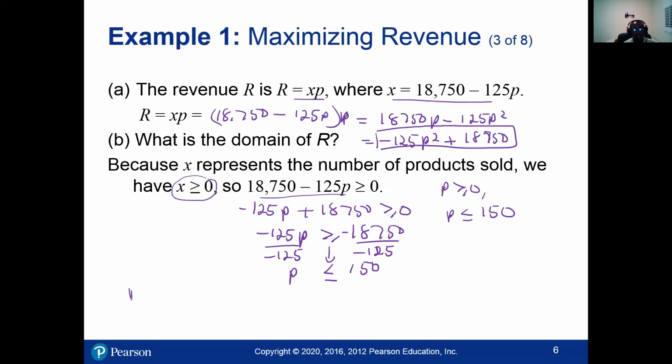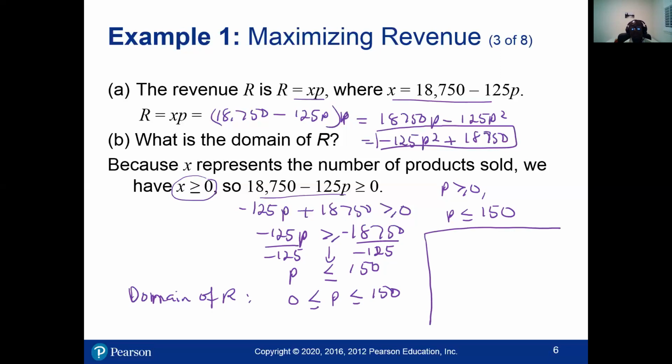So therefore the domain of R, the revenue, is P between 0 and 150, which is the same as taking the revenue. We could have done this by taking the revenue. I will let you try that.